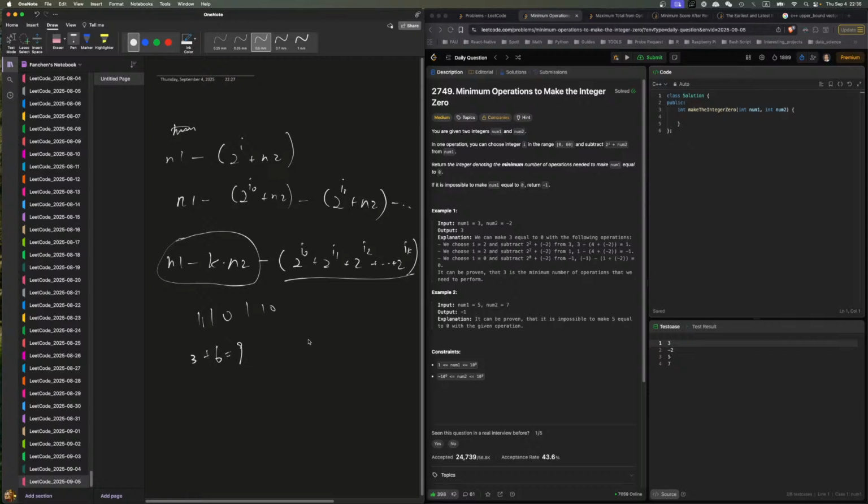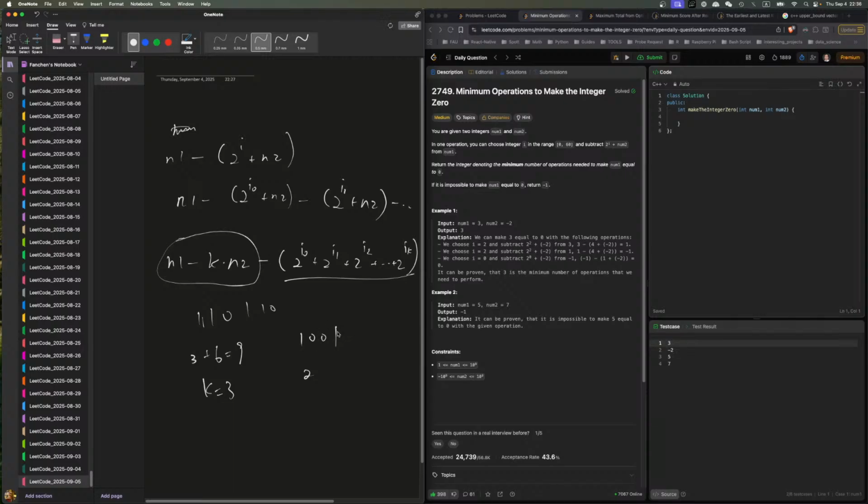Right? But 9 is 1, 0, 0, 1. This is 9. Right, so we have k equal to 3, but this will only have 2 bits. But it's fine because each one can be split into 2.